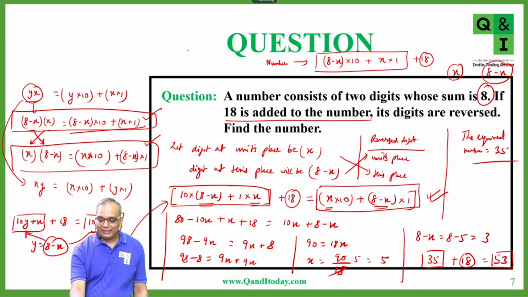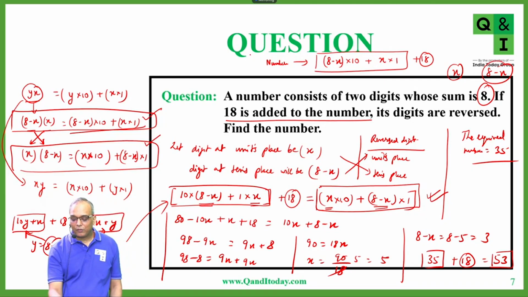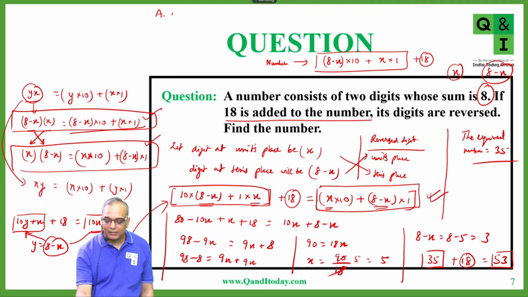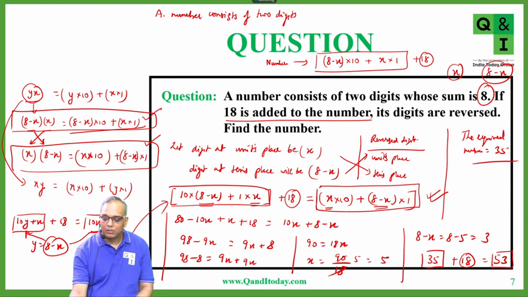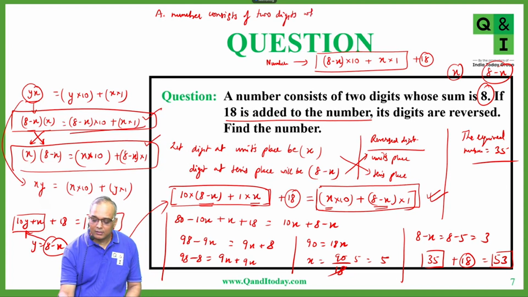The question is, a number consists of two digits whose sum is 9.